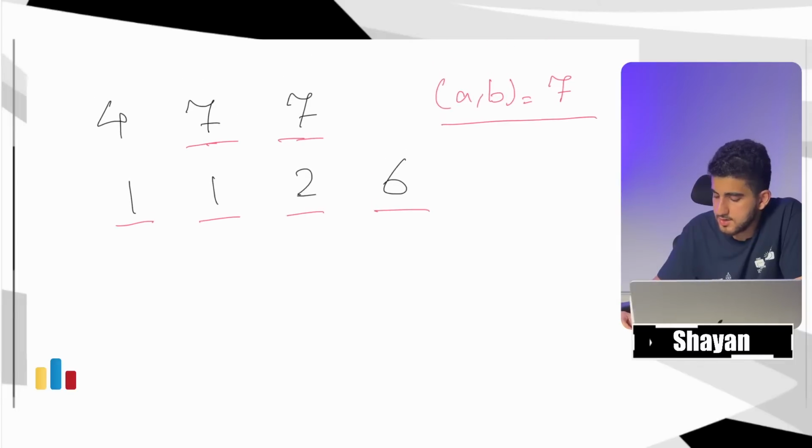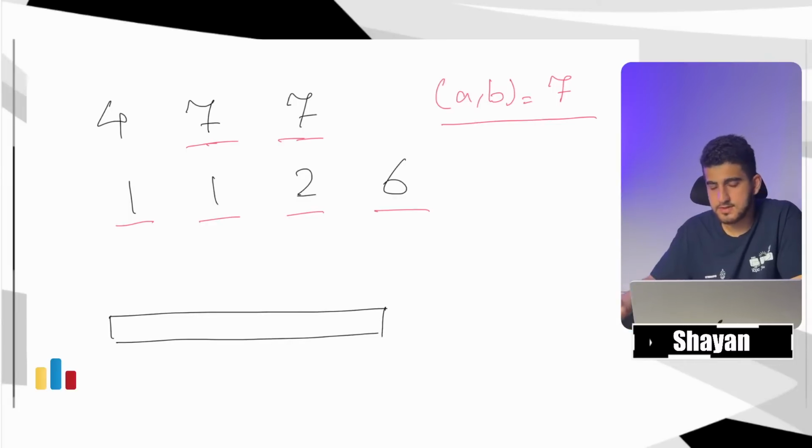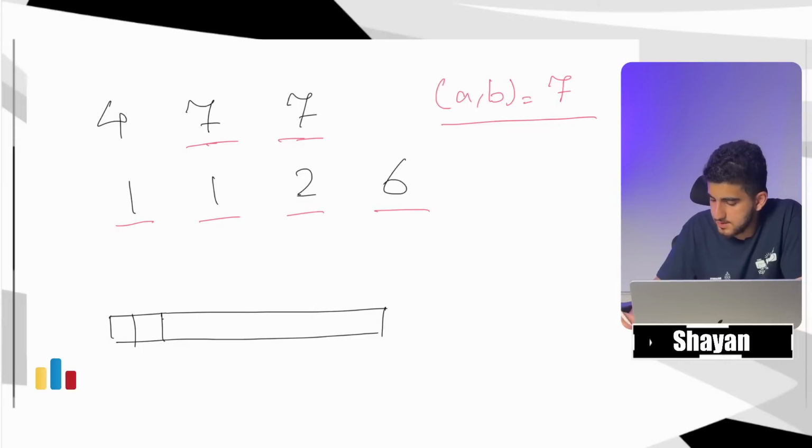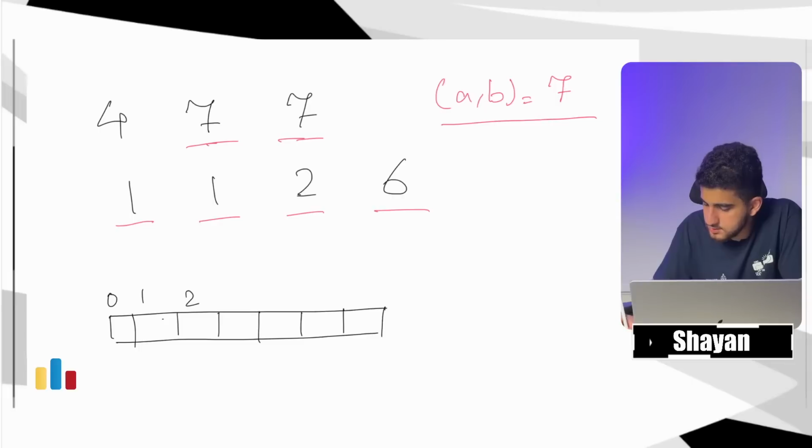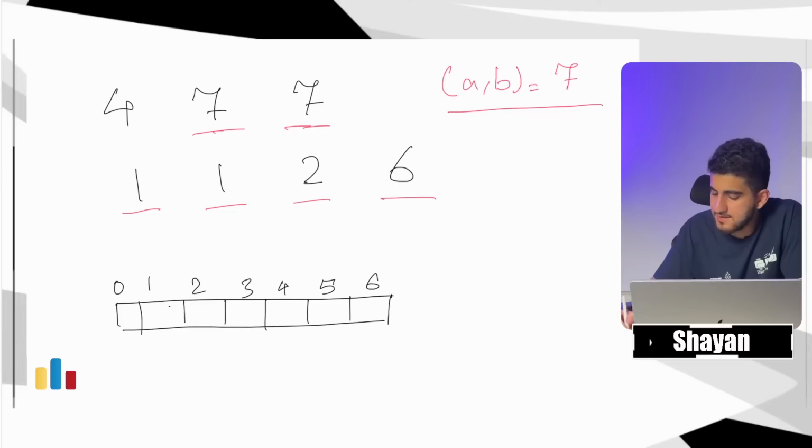So if you consider all the possible values that each number can have modulo 7, the numbers can be from 0 to 6. They can be 0, 1, 2, 3, 4, 5, and 6. So we have a number that modulo 7 is 1.